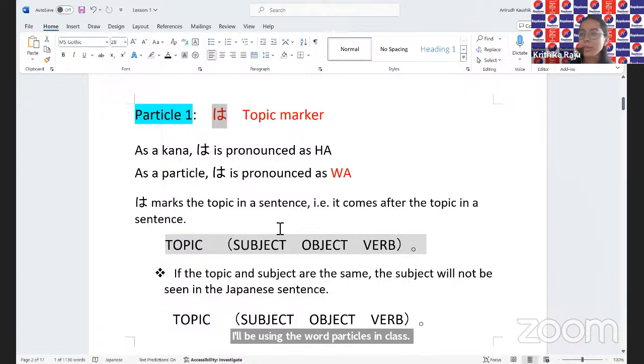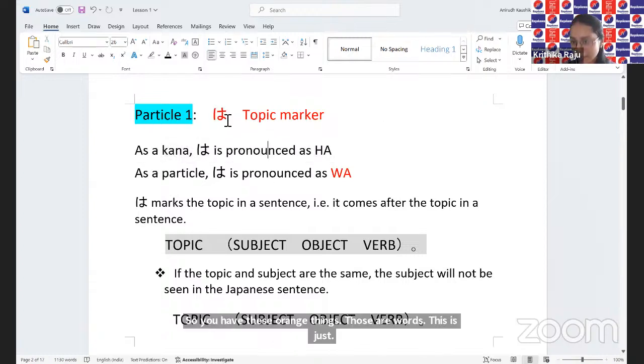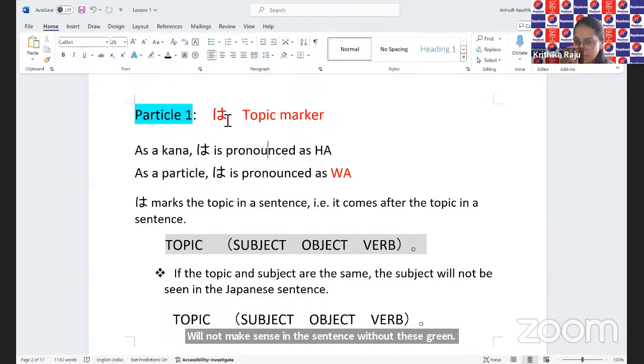But there's something very important about this. As a kana, this is pronounced as ha. But when this functions as a particle, the pronunciation of this particular kana changes. It is wa. It is not ha anymore.